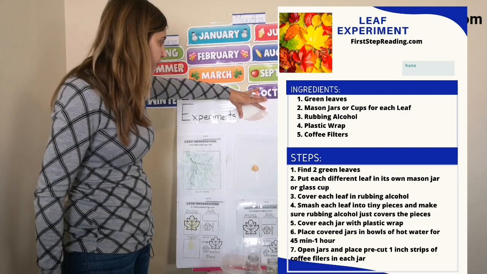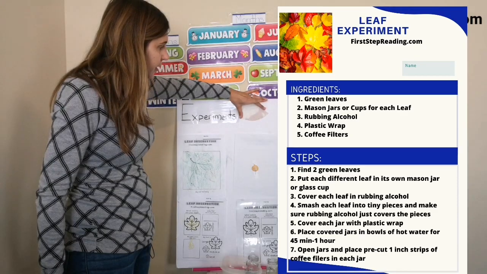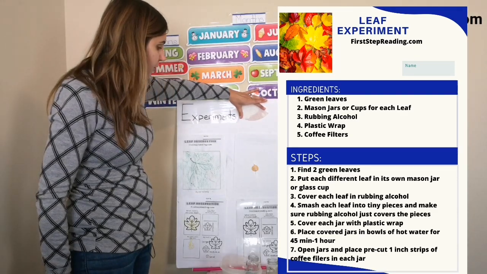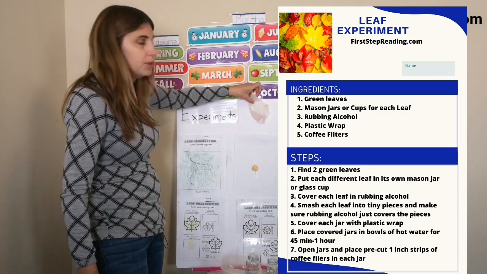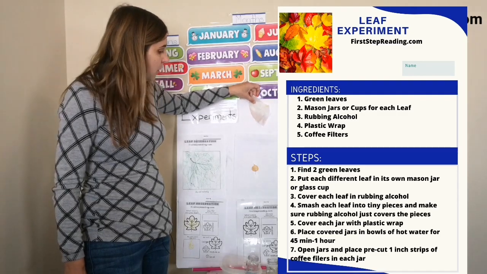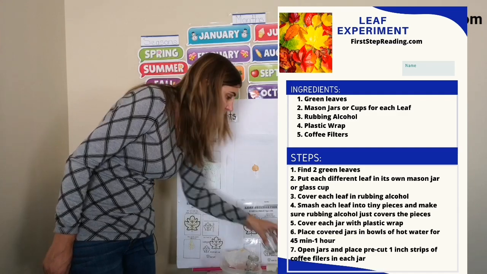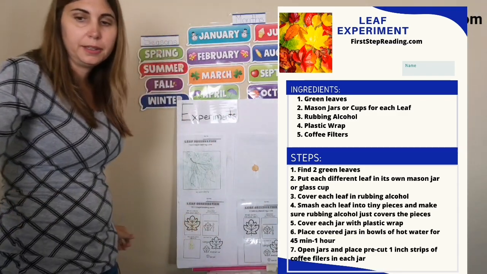So this leaf would have turned red. So we get to see the secret leaf color hiding under the chlorophyll. We take the chlorophyll out with the alcohol, and we get to see the secret color. So that's the experiment you can also do if you have rubbing alcohol, a green leaf, and a coffee filter.